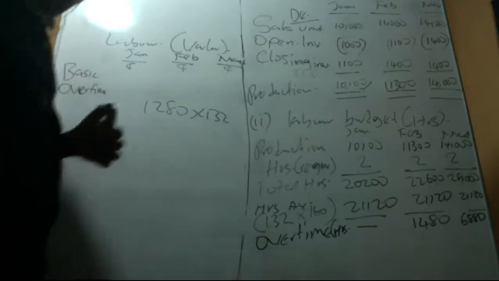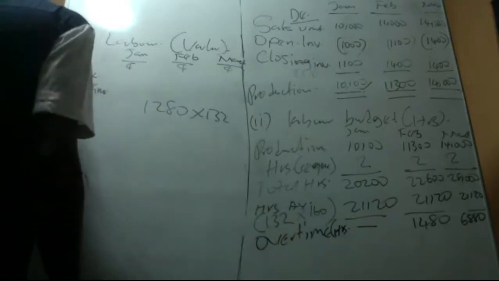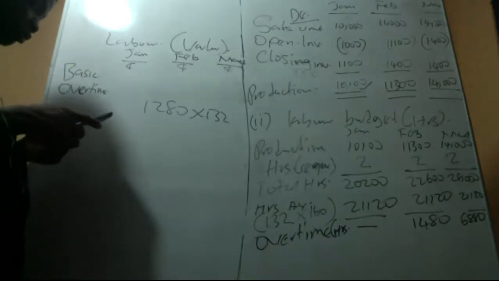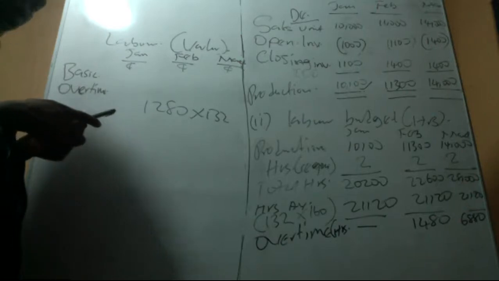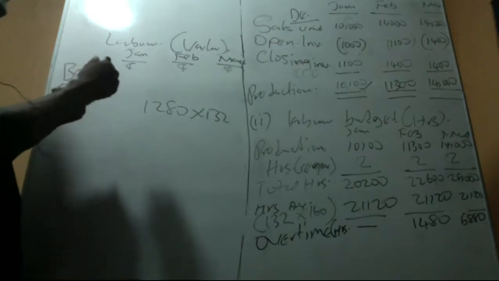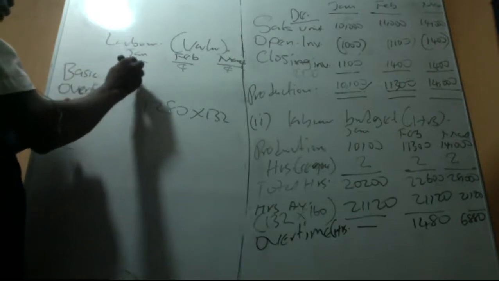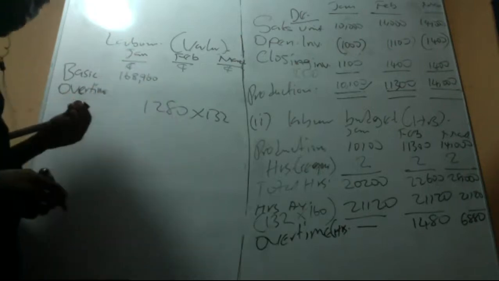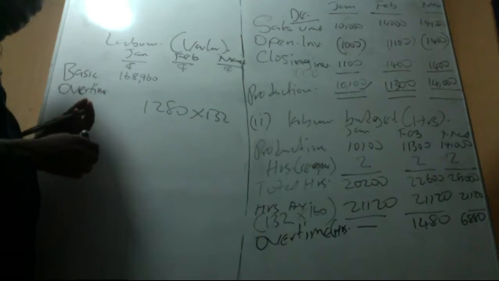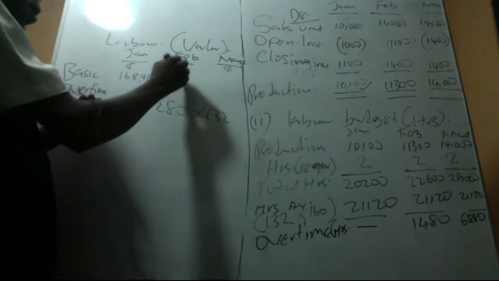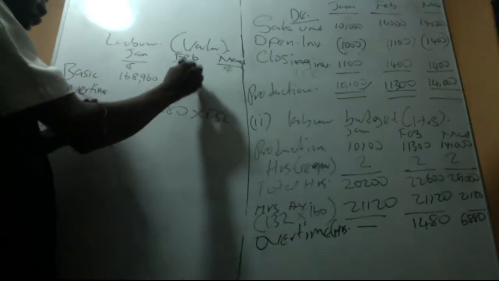In total, the amount will be 1,280 times 132. So it means that you are going to pay 168,960 for each month. That's the wages. You can confirm the calculation for me.